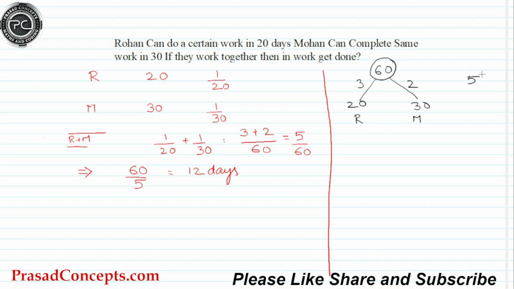Total 5. So the answer is LCM by what we got by adding, that equals 12 days. This is type 1 problem. Let's move to type 2 problem.